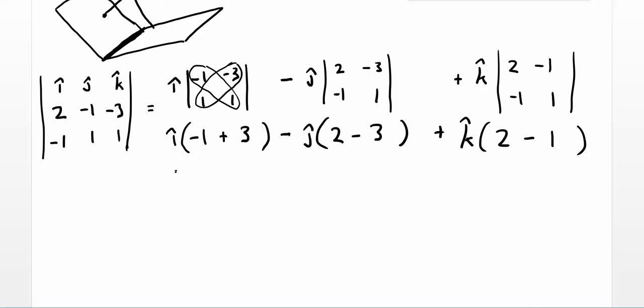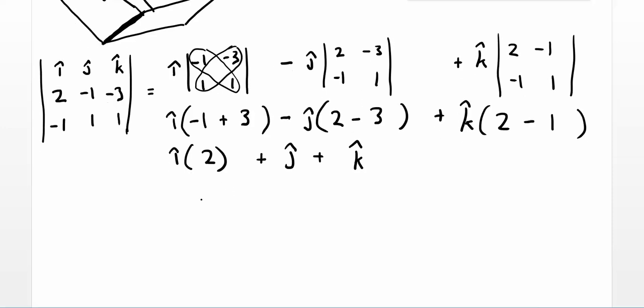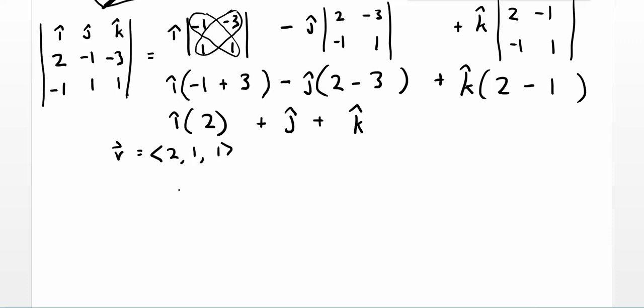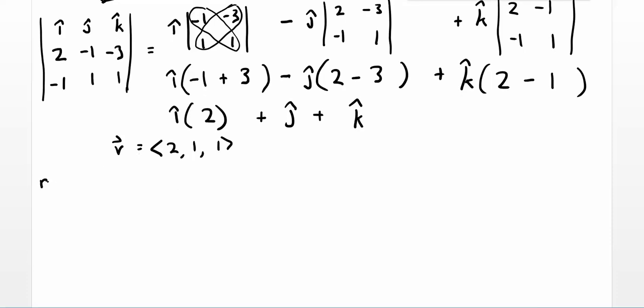And so simplify this a bit and get 2 minus 3 is negative 1, and then the minus here makes plus 1j, and plus 1k. So our vector is 2, 1, 1. This is our direction vector.